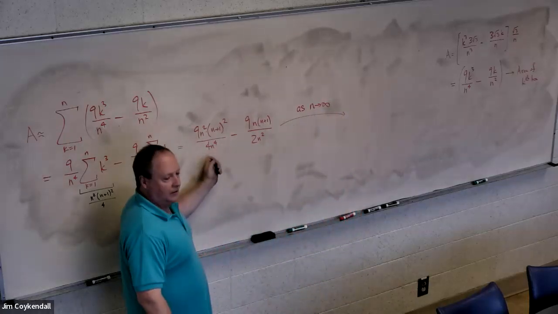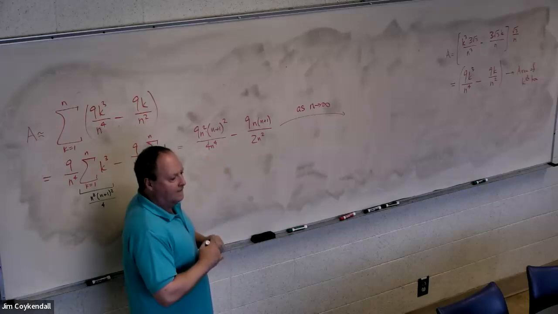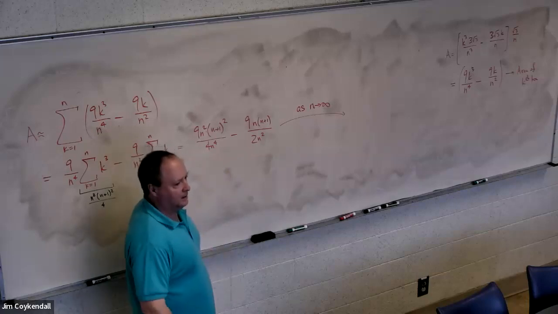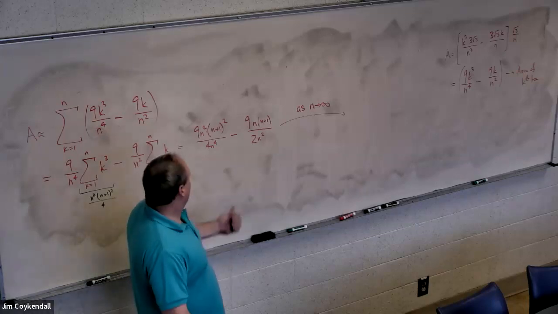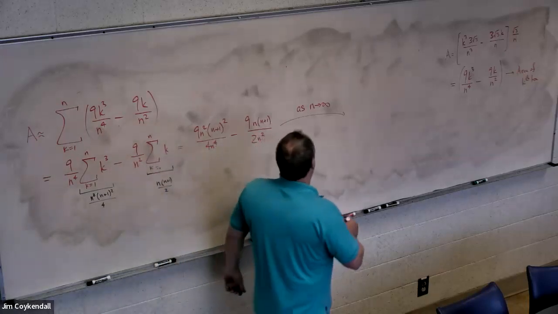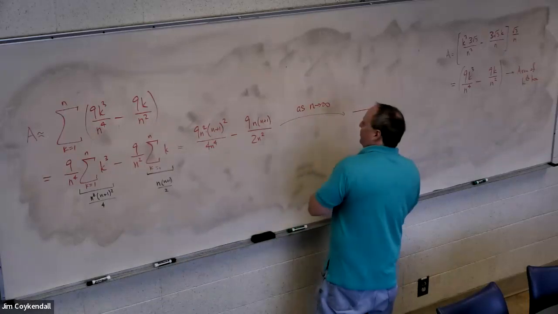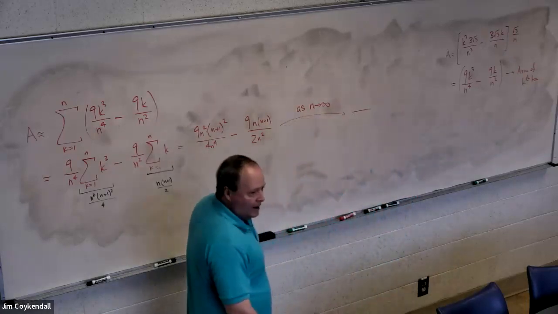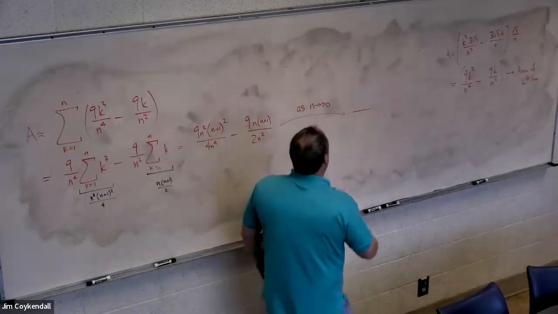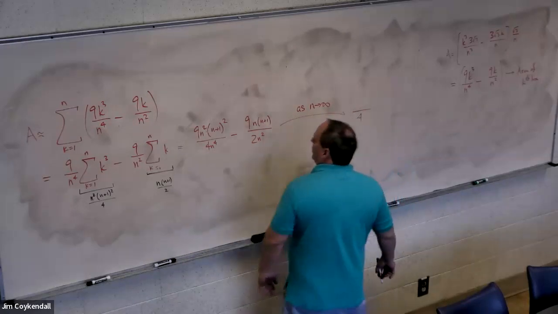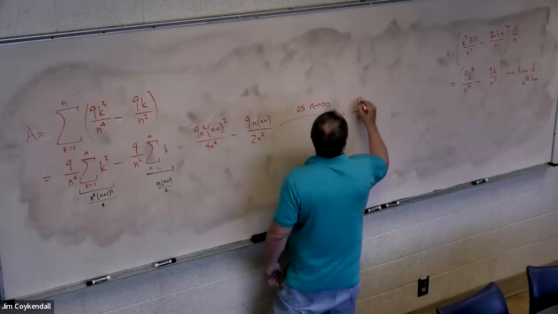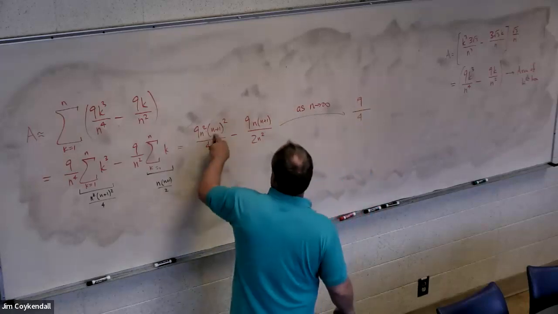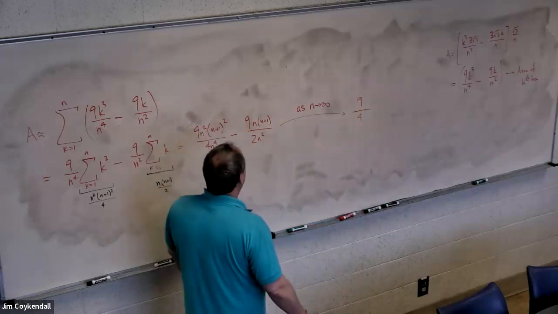What's the biggest power we can see on the bottom? 4. Biggest power on top? Also 4. Ding, ding, ding, that's a tie. What's the coefficient of the 4th power term on the bottom? 4. What's the coefficient of the 4th power term on the top? 9, because when you square this out, you have an n to the 4th where it says 9.